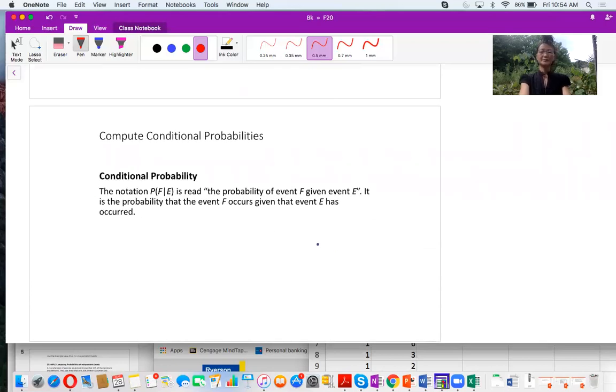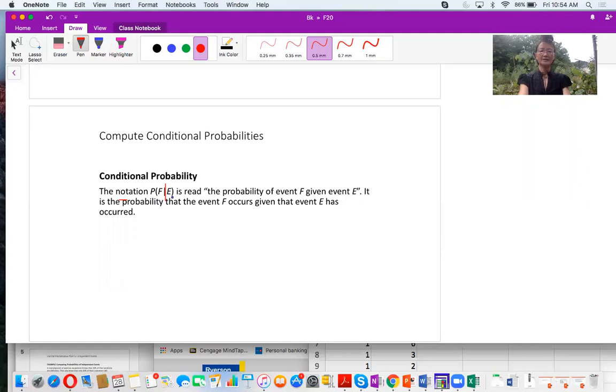What is conditional probability? First, the notation for conditional probability is the probability of F under condition. This vertical bar means under the condition of E, or given event E. There are two interpretations of this notation.